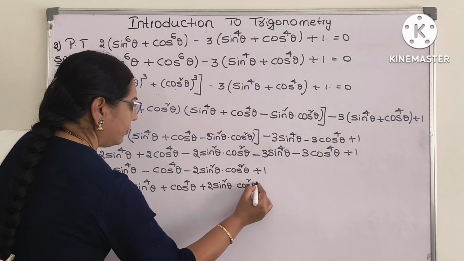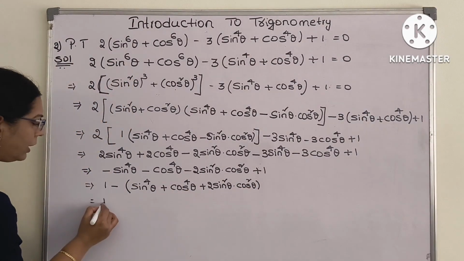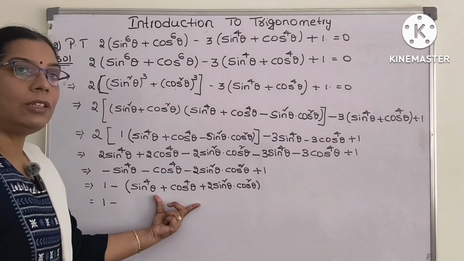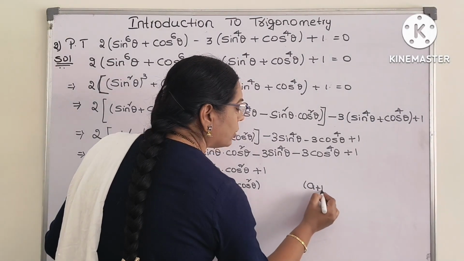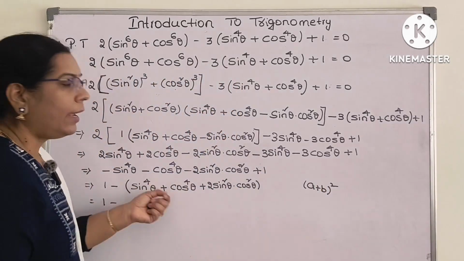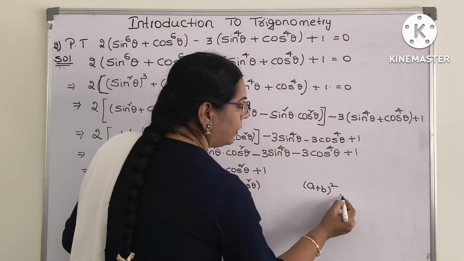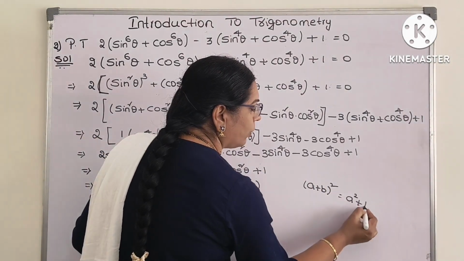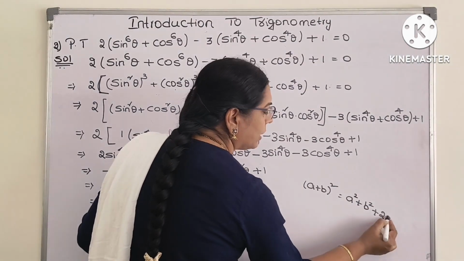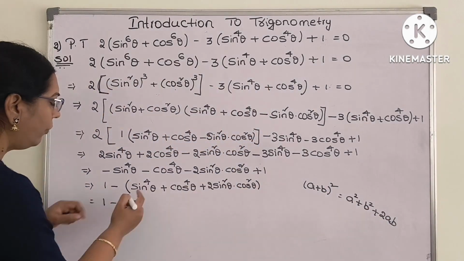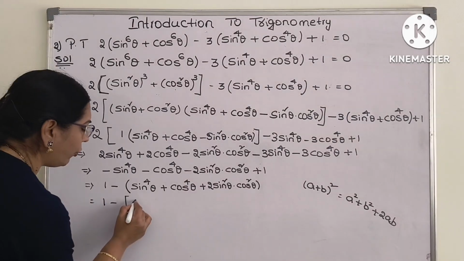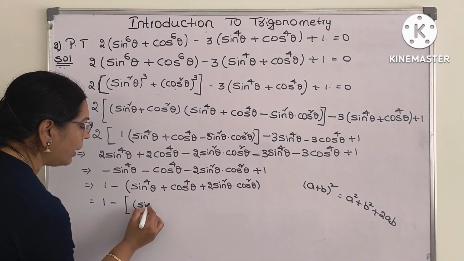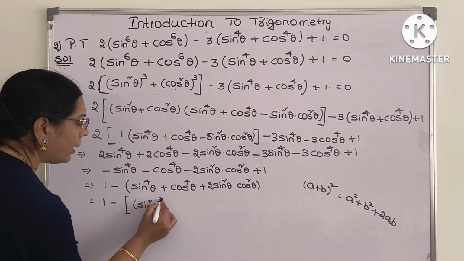Now, if you notice properly, this looks like the expansion of a plus b whole square. What is this looking like? a plus b whole square, which is a square plus b square plus 2ab. How is it? Let us see. I can rewrite sin power 4 theta as sin square theta whole square.